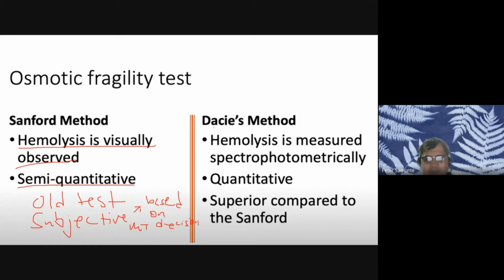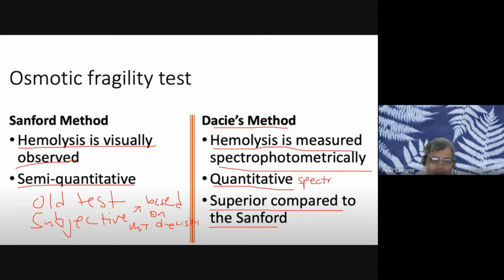While in your Dacie's method, class, hemolysis is measured spectrophotometrically. This is a quantitative method. This is superior compared to the Sanford method. So you're going to use a spectrophotometer. Plus, can anyone tell me what solutions are involved in the spectrophotometer?